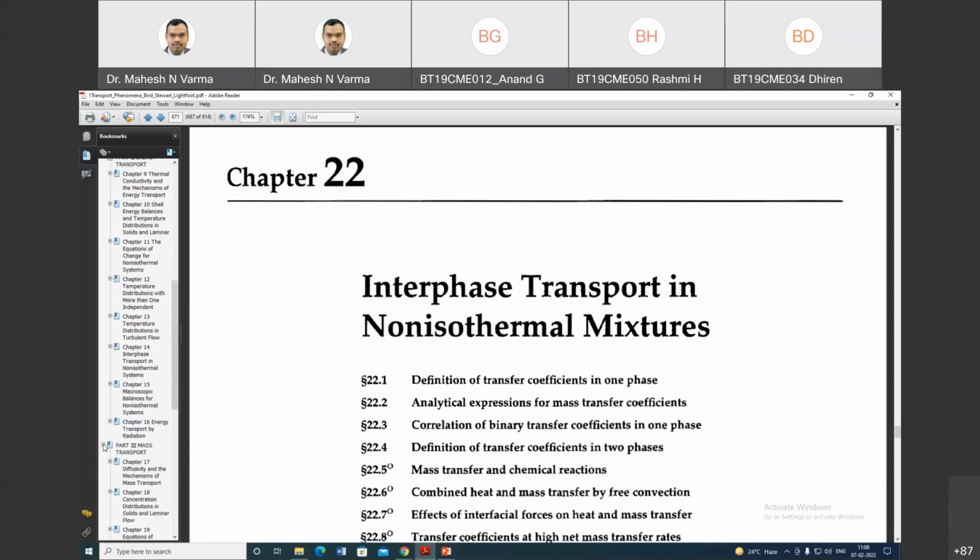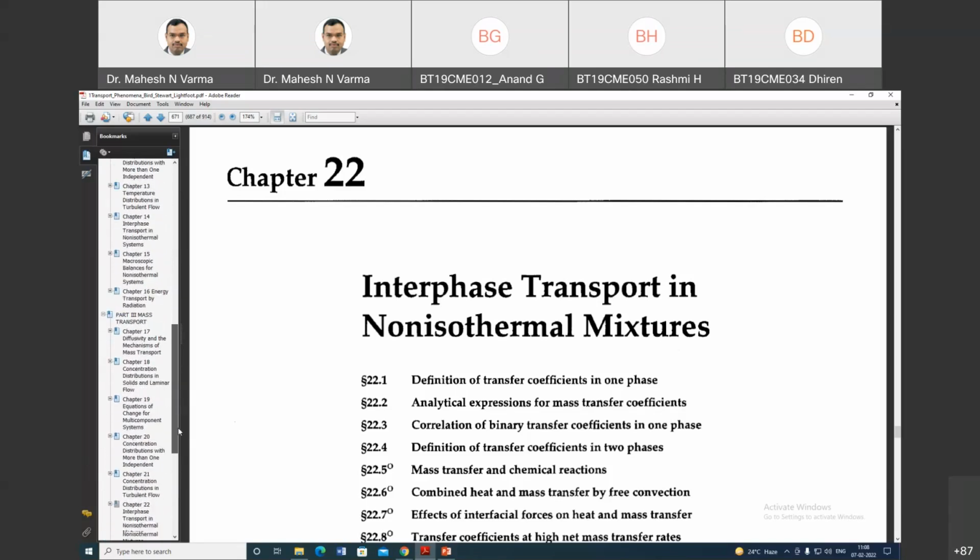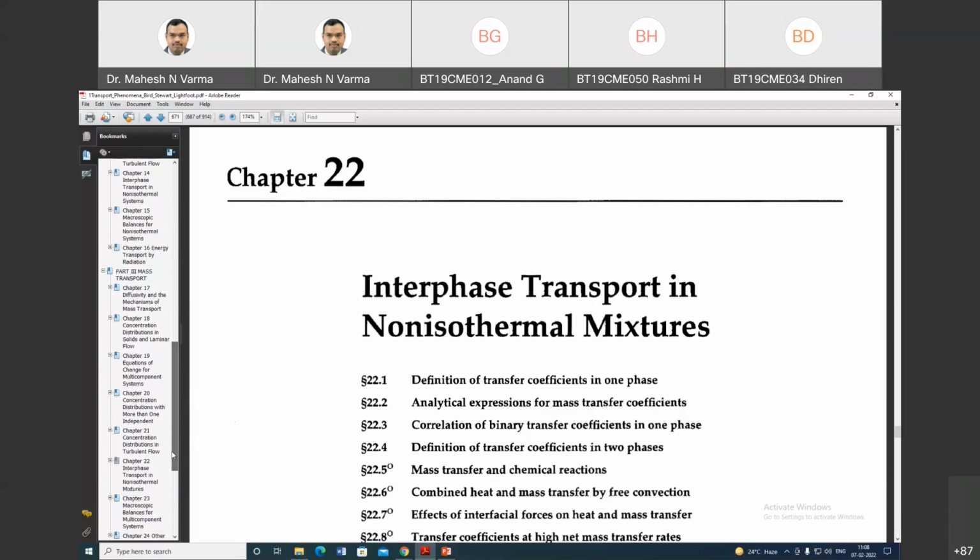Interface flux is there in chapter number 22. This is what we are covering, but for this I have not followed this book till now. I have followed some other book, but the content is there in this book also, only in some other language. So chapters 1, 6, 9, 14, 17 and 22 are in this book.